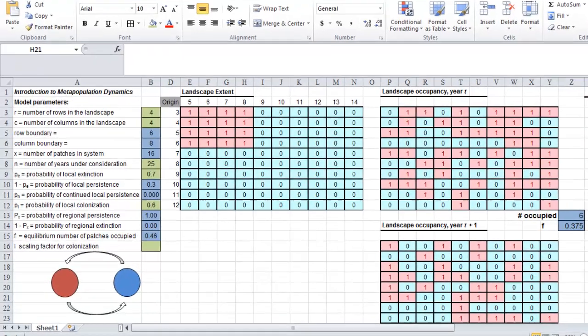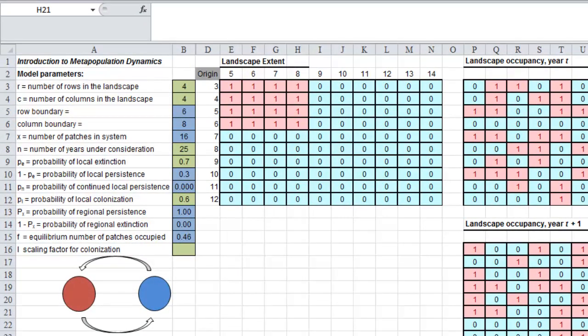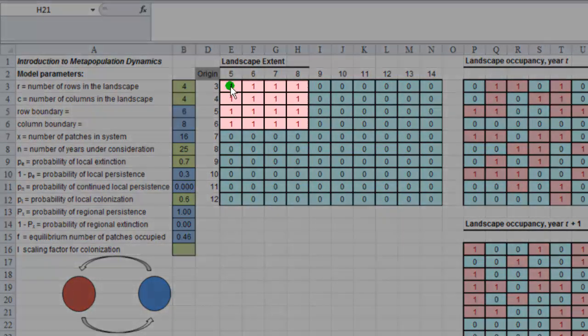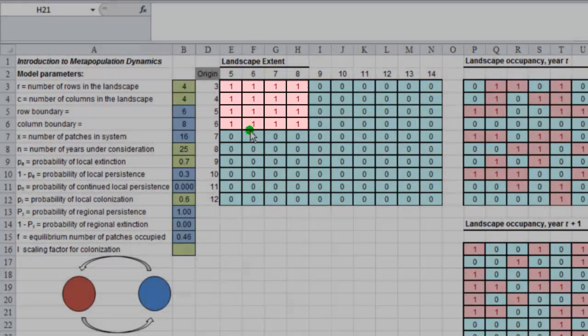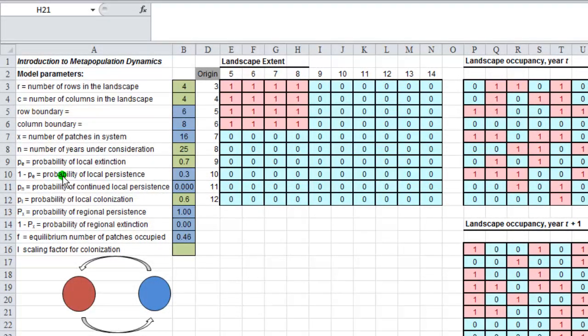Let me just review where we've been so far. We set up a landscape that has 4x4 rows and columns, and we also established a probability of local extinction. That's given in cell B9, and a probability of local colonization that's given in cell B12.